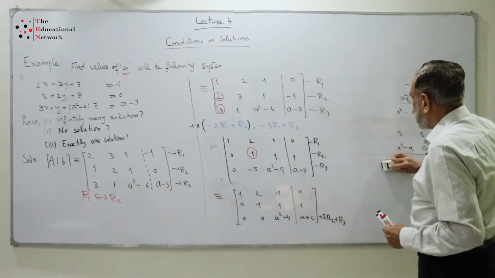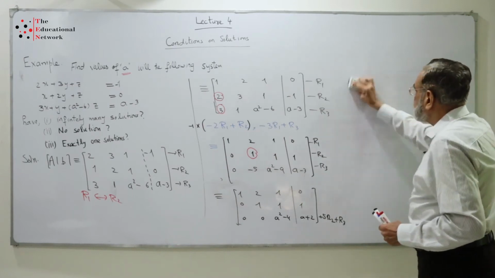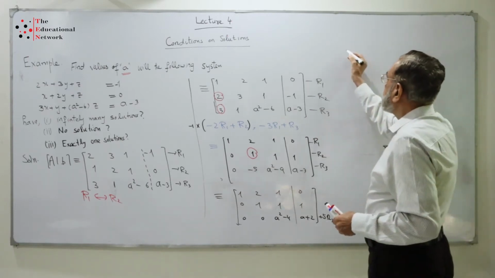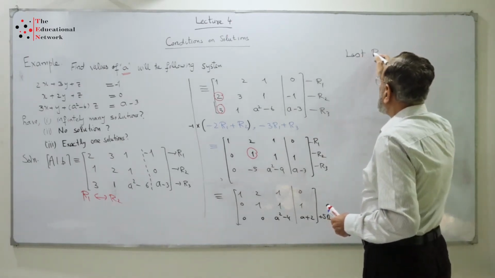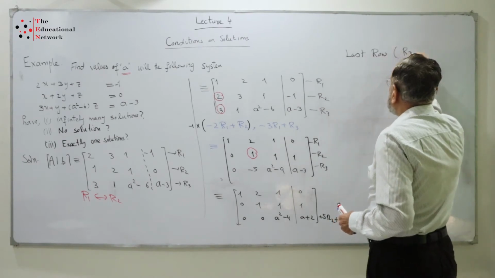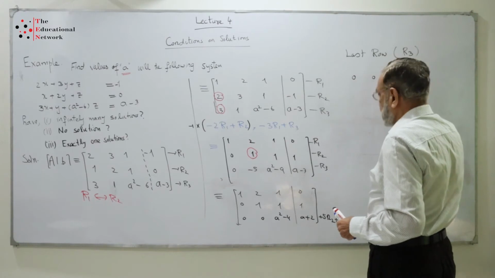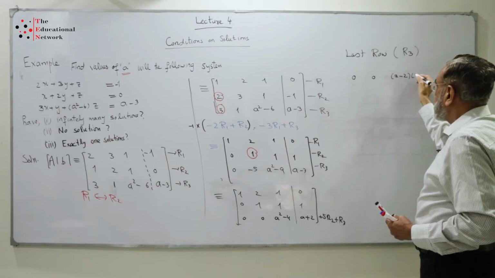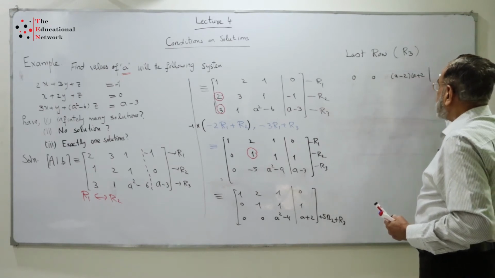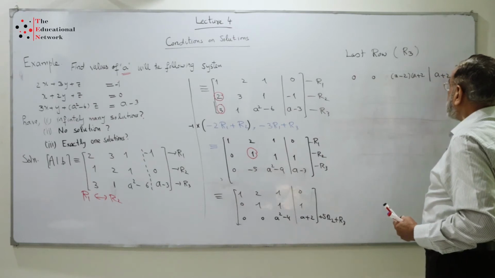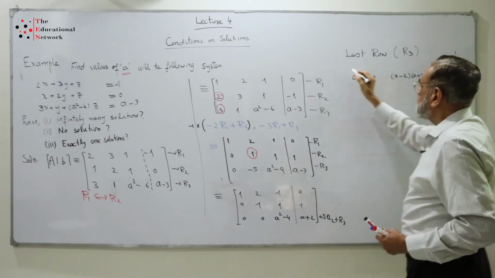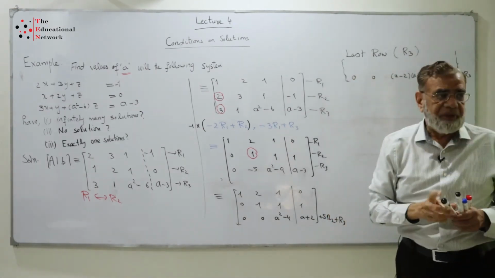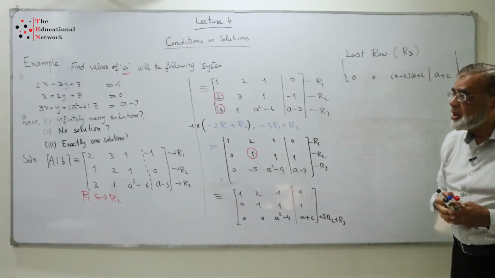If you write it in equation form, or even if you don't, you can see the last row, that's our R3: 0, 0, a square -4, a plus 2. This will give us the idea of when there are many solutions, no solution, or one solution.